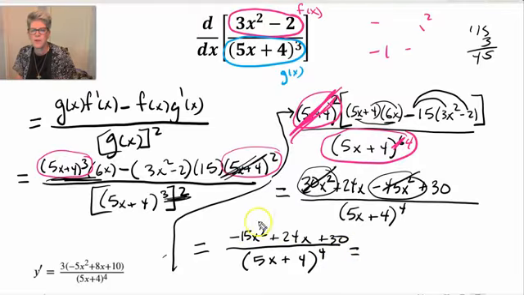We're almost there. Always look to see if anything has a common factor, and 15, 24, and 30 have a common factor of 3. In fact, since the leading term there is a negative, I personally would factor out a -3. But I can see the answer there, they didn't do that. Okay, so I'll just factor out a 3.